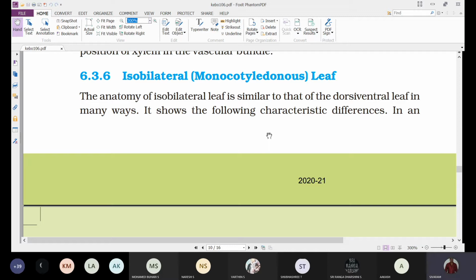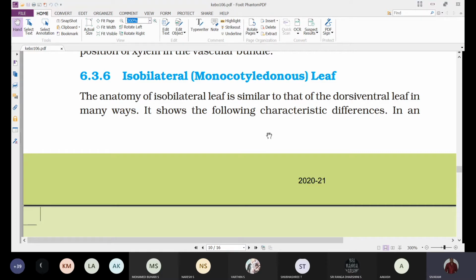And next one, isobilateral or monocotyledonous leaf. That means both the surfaces, iso means same. Both the surfaces of the leaf have the same organization externally and internally.